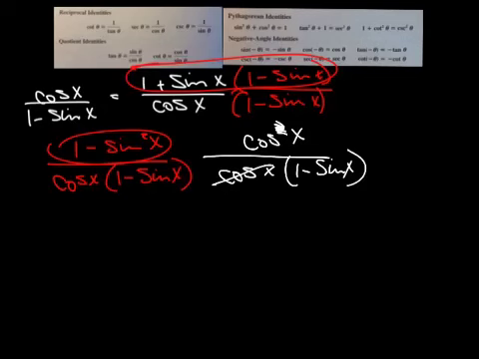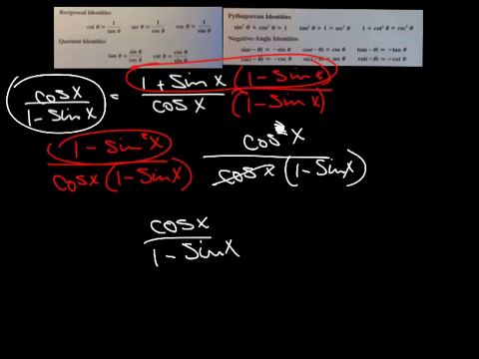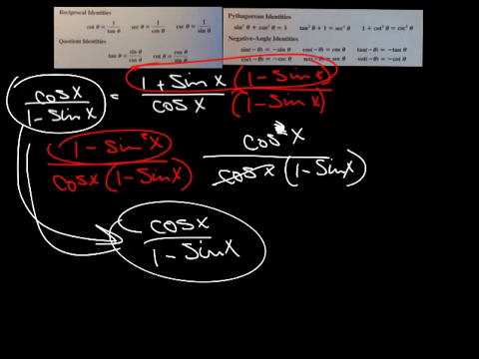And now I have as an answer cosine of x over 1 minus the sine of x. And if you look at the left-hand side of the problem, that's what we were trying to verify with. So we worked on the right-hand side until we got this, and then looked back at this and noticed that it was the same thing.